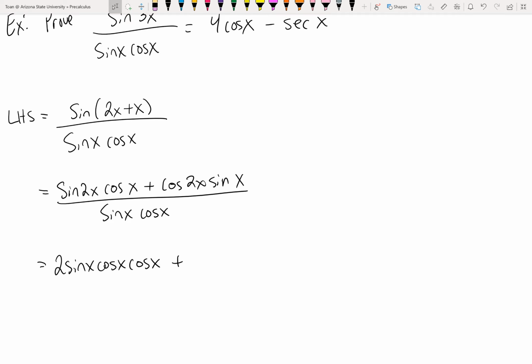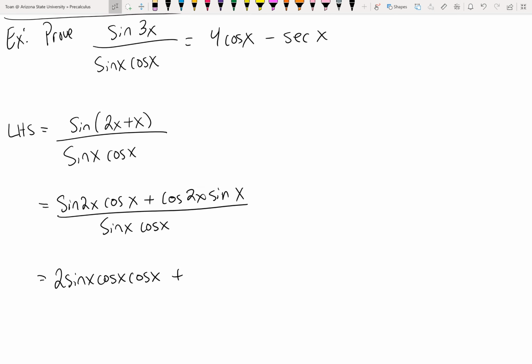You just got to be clever and smart about things. Since I know that I have cosine in my end goal, and I want secant eventually, and secant is the reciprocal of cosine, in my mind, this problem has a whole bunch of cosines. So I'm going to keep things in terms of cosine. So I'll use the one variation that only uses cosines, which is 2 cosine squared minus 1.